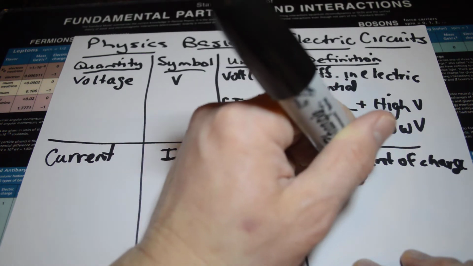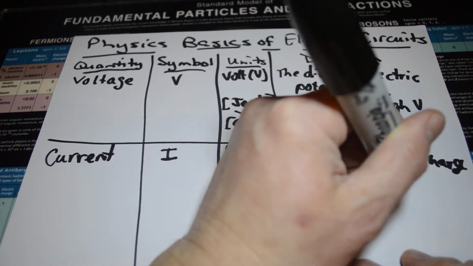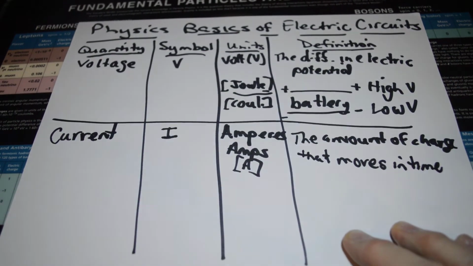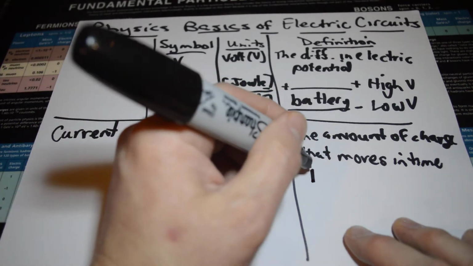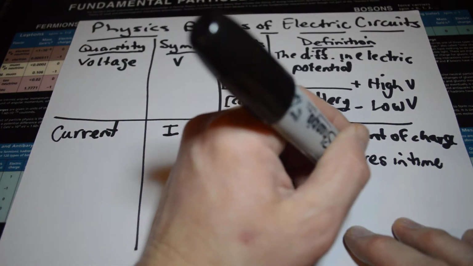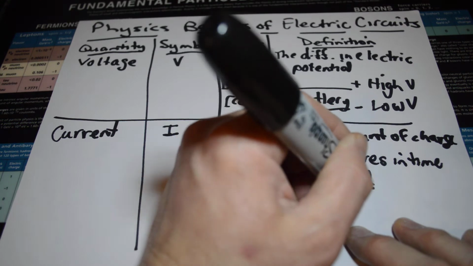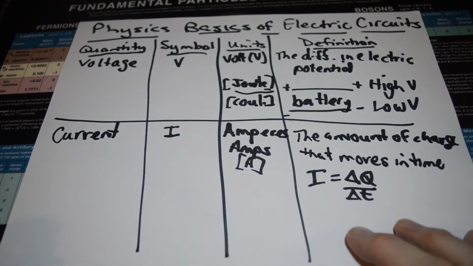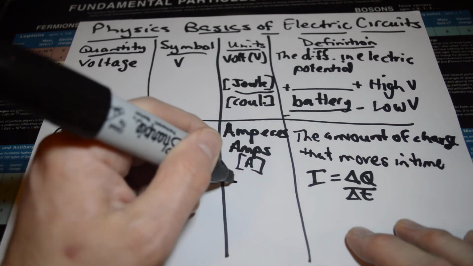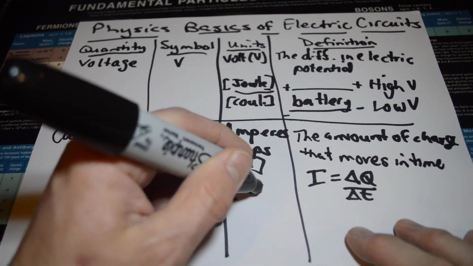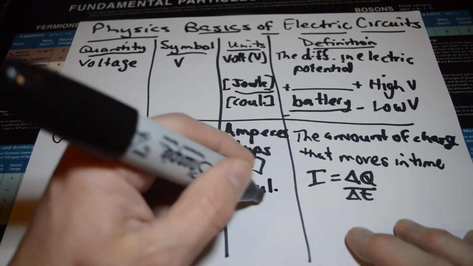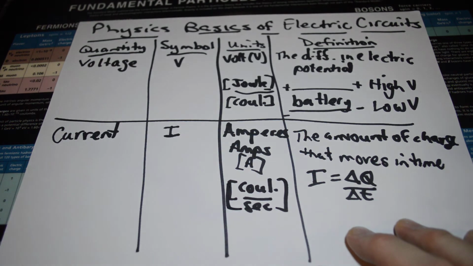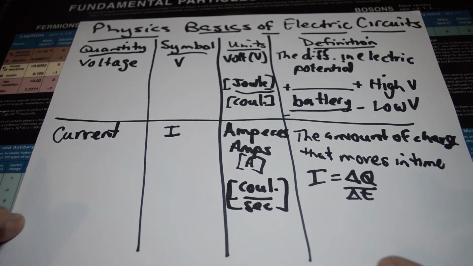So from what we've talked about before, charge is given by the letter Q, so the charge over the time is the current. So if you think over here in units, this is also the number of coulombs per second is what an ampere is. Okay? All right.